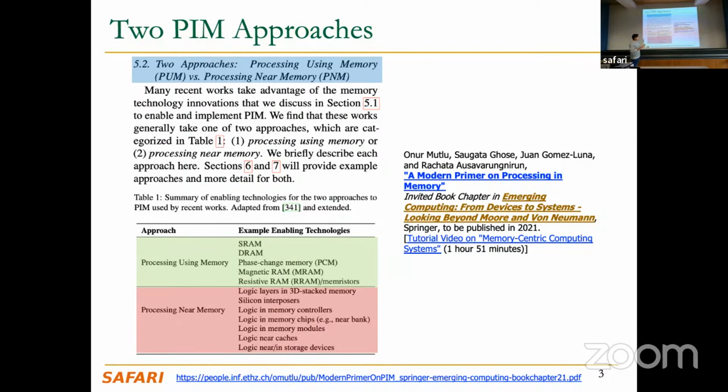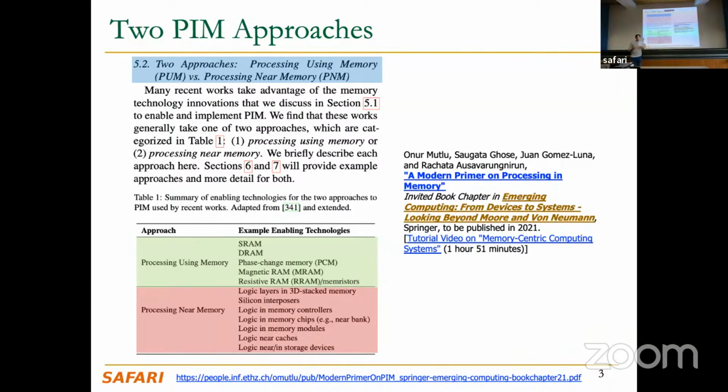These 3D-stacked memories typically have a logic layer where memory controllers reside, but there is also some extra area that can be used to place some compute elements. And that's what we are going to see in the different proposals with logic layers in 3D-stacked memory that we are going to cover today.